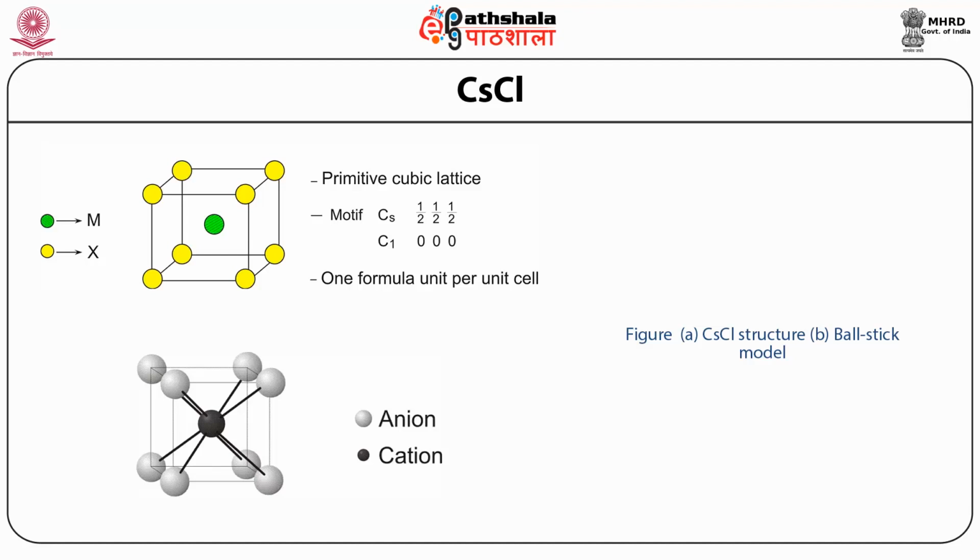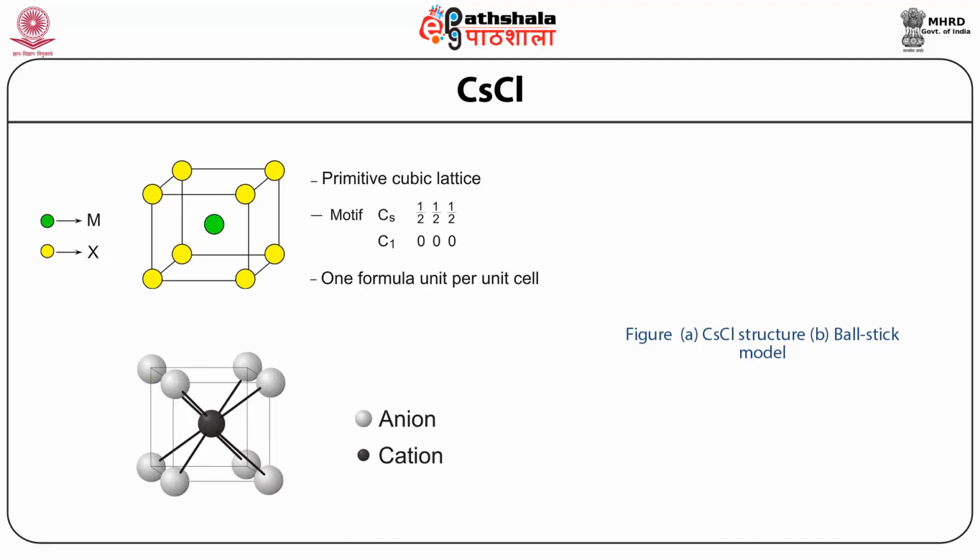So from here it is clear that the motif for CsCl will be half half half for M type of atoms, and for X type of atoms it is 000. So one formula unit per unit cell.